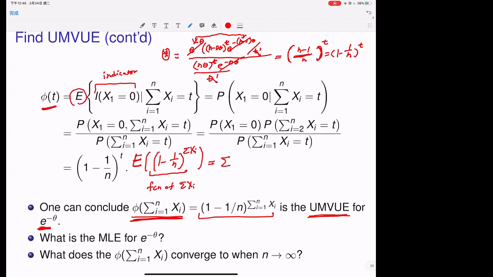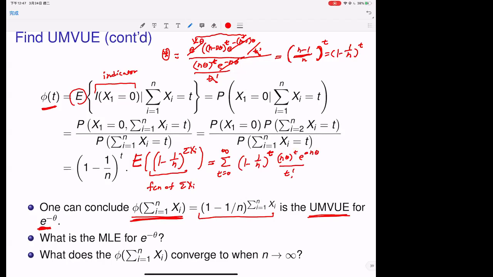So it would be the sum over t from 0 to infinity, of 1 minus 1 over n to the t, a function of t, times the PDF of Poisson n theta, which is n theta to the t over t factorial, times e to the minus n theta.